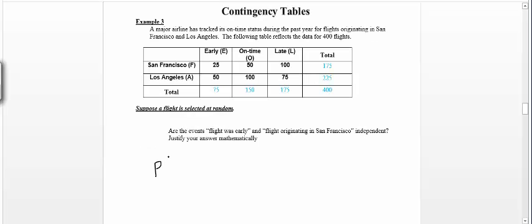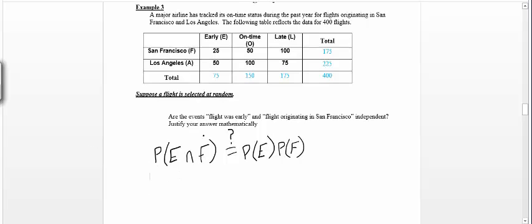So we're looking at if the probability that a flight is early and from San Francisco is equal to just the multiplication of each of those probabilities. Okay, let's compute this and see if it's equal.